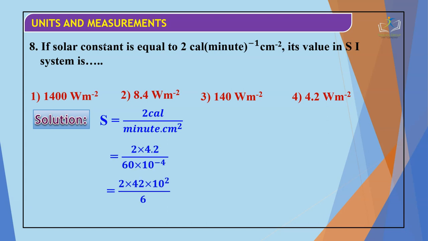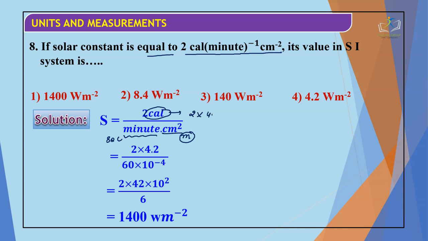We just put all these values over there and got this value, 1400 watt per meter square. Students, in the solar constant, this is actually given here, equal to 2 calorie per minute per centimeter square. So what I did, just converted minute into second, centimeter into meter, and calorie into joule.